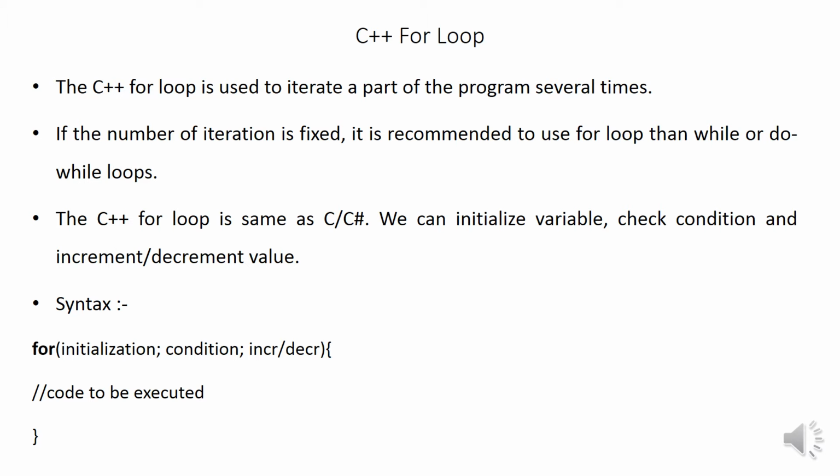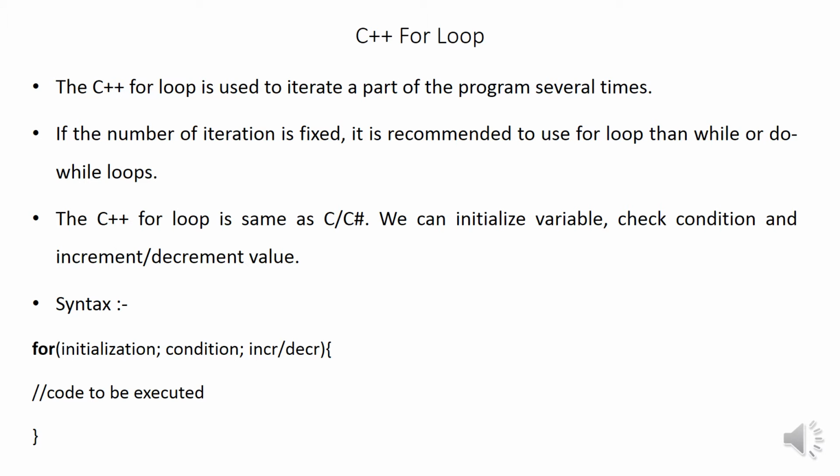If the number of iterations is fixed, then friends, we use a for loop. What is the difference between for loop, while loop or do while loop? If the number of iterations is not known or not fixed, at that time we have to use a do while or while loop.